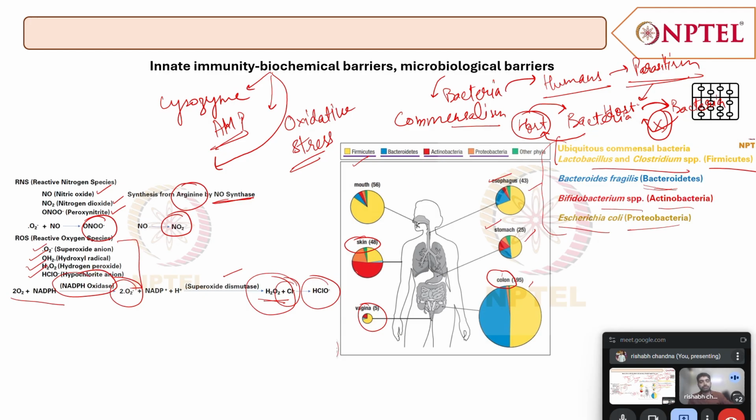The actinobacteria are present mainly in the skin, followed by the stomach, and minimal in the colon, the esophagus and the mouth.